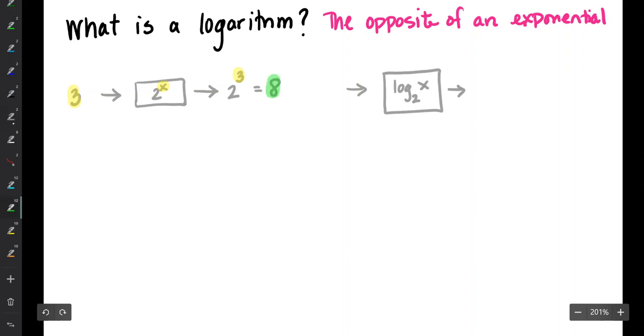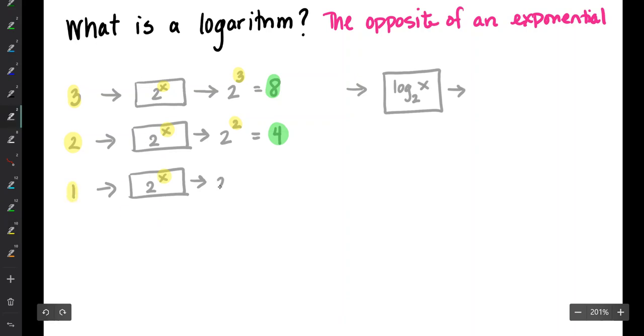Let's do a few more just on our exponential here. Say 2 goes into the 2 to the x box. What's going to come out is 2 to the 2, which is equal to 4. 1 goes into the 2 to the x box.